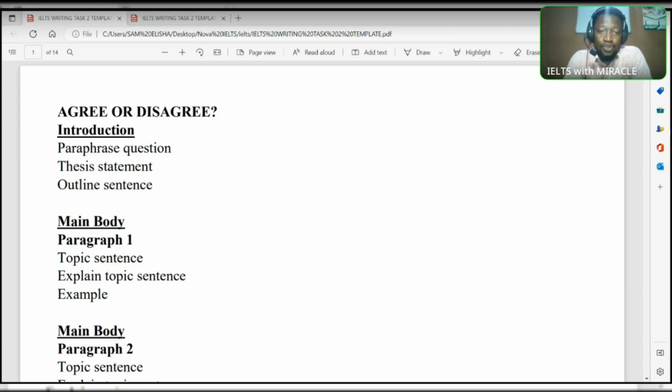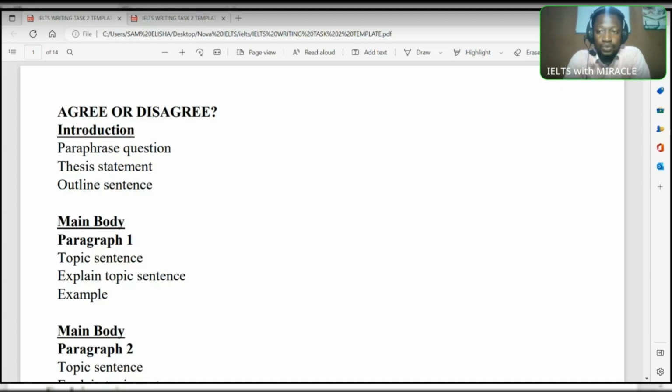And you are advised to spend 40 minutes in task 2 and 20 minutes in task 1. This is very important because you do not want to spend all the time writing task 1 when the bulk of your total writing score will come from task 2. Very important. Now, because we are not talking about task 1 today, we'll just go straight to task 2.